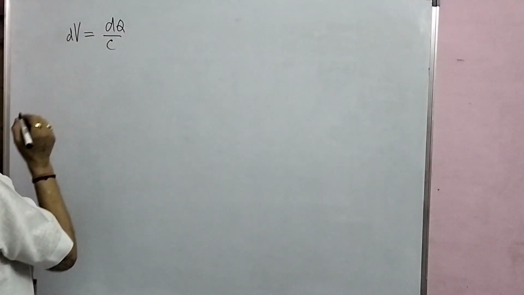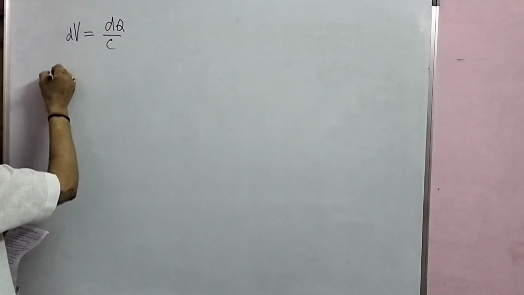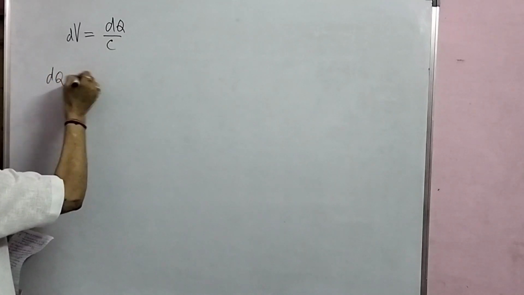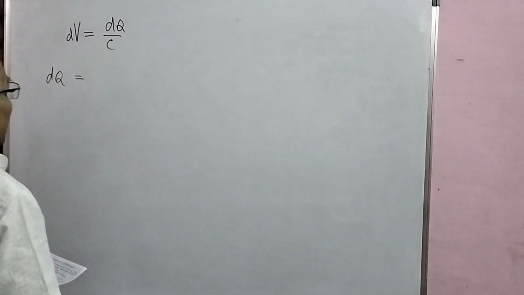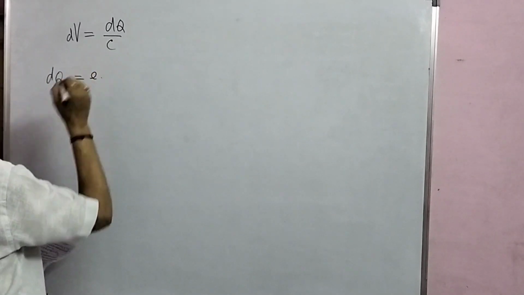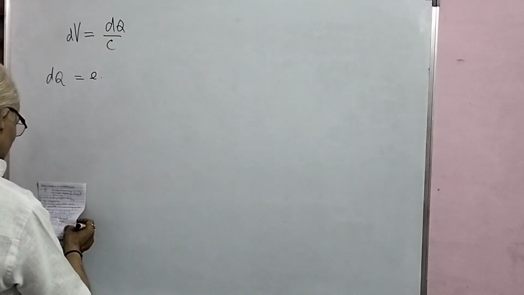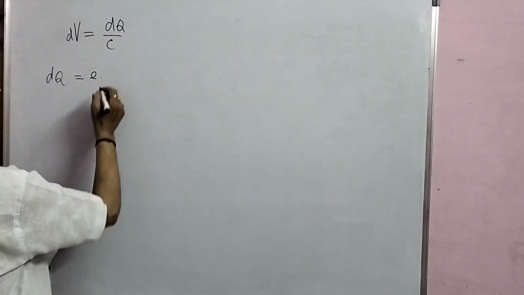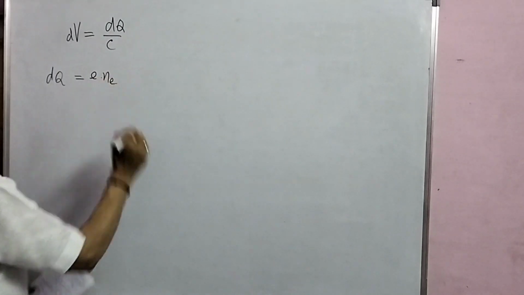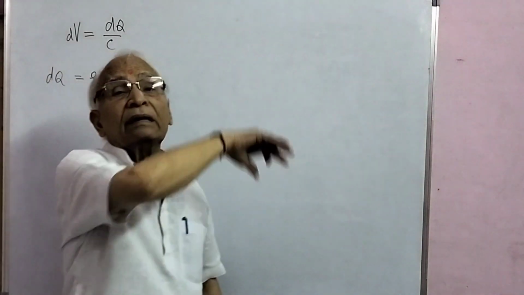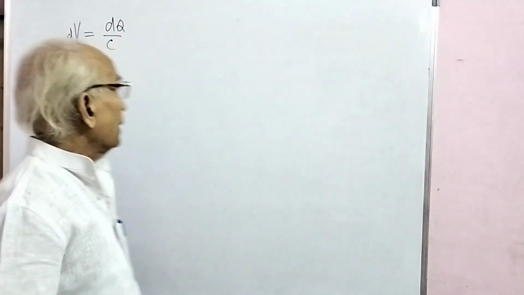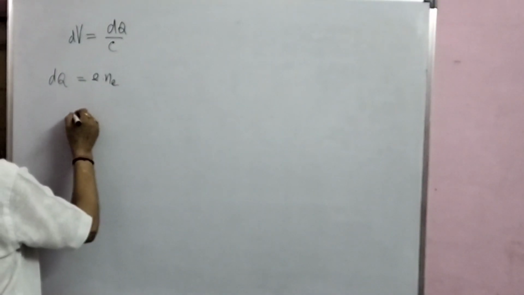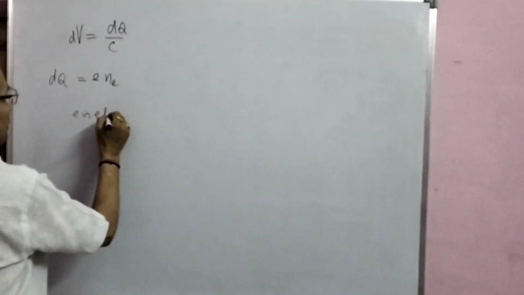So what is dq? dq is the charge, given by the electron charge e times Ne, the number of electrons produced finally, and e is the electron charge.